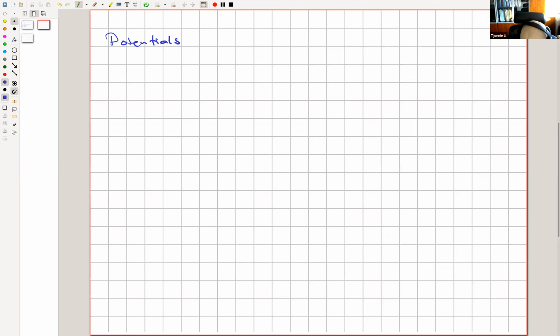So we have box phi, which is a scalar potential, is just rho over epsilon naught. And similarly, we've got box A, the vector potential, such that we have mu naught J.